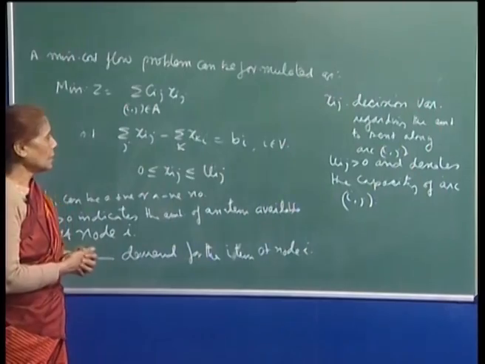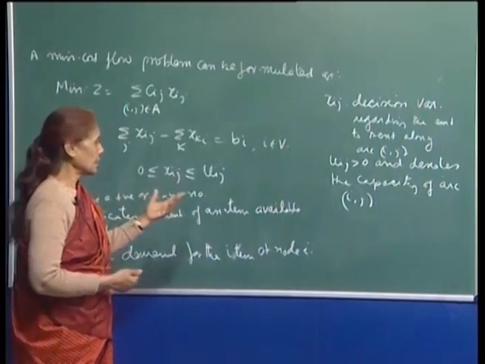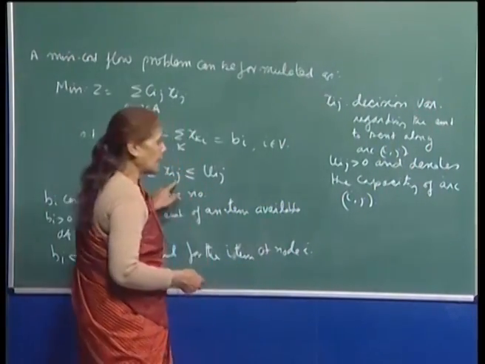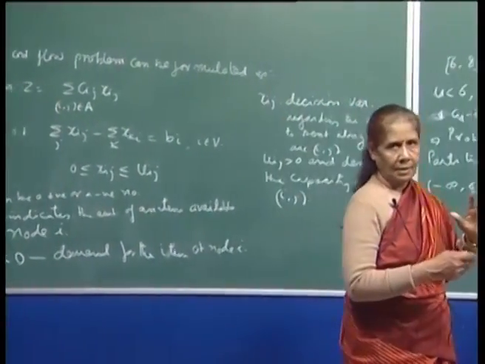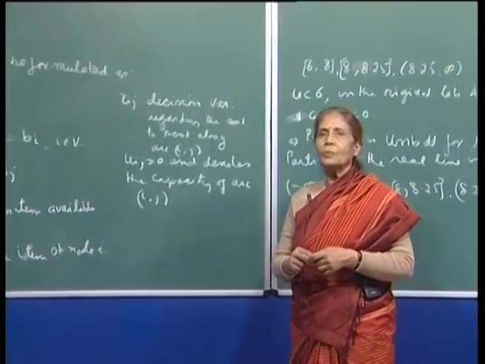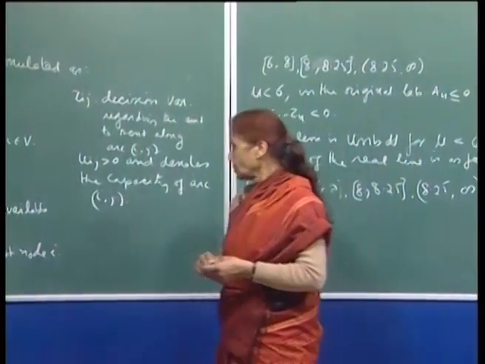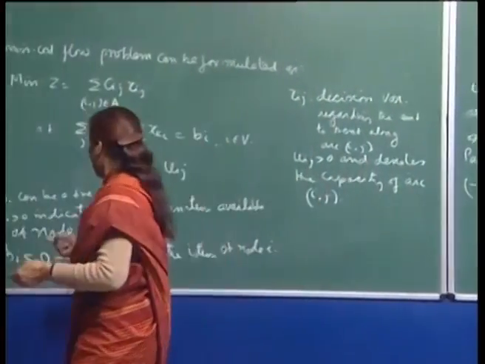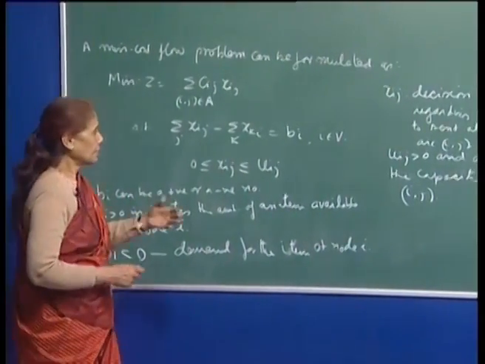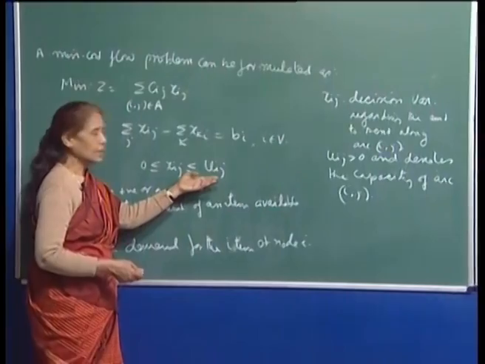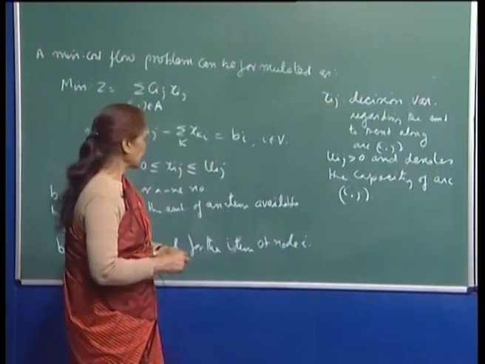Or the telephone exchange, as I told you: for a particular arc, the telephone lines are built for a certain capacity. They cannot handle an unlimited volume of traffic. So, railroads and so on, all these situations you can figure out. So uij is a very natural constraint on the system, on the variables.